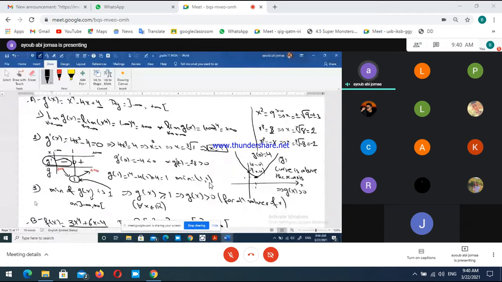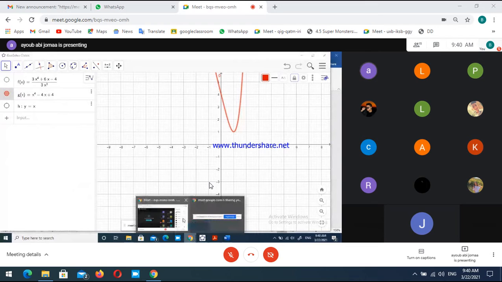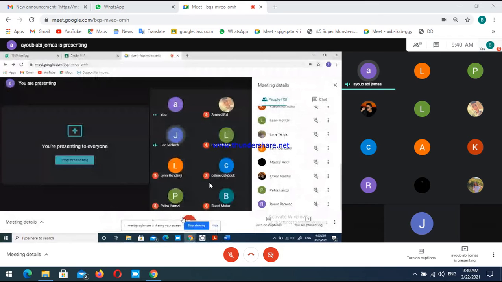That doesn't mean that the function is negative. When I say g prime is negative, it doesn't mean that g is negative. Look at the graph: in this part here, the function is decreasing.